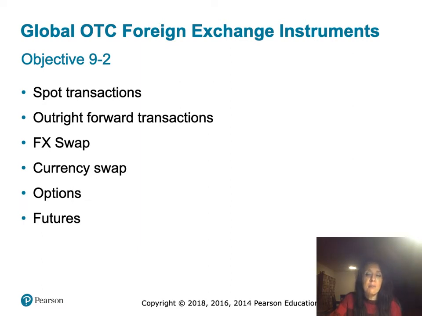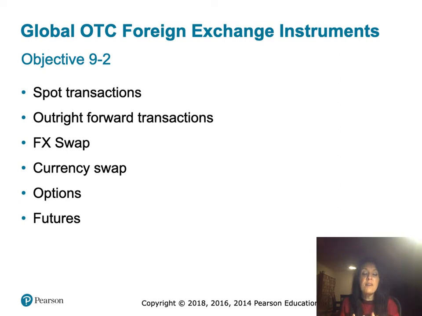Let's give an example. For instance, let's say IBM receives a dividend in British pounds from its subsidiary in the United Kingdom, right? But it has no use for British pounds until it has to pay a UK supplier in 30 days.